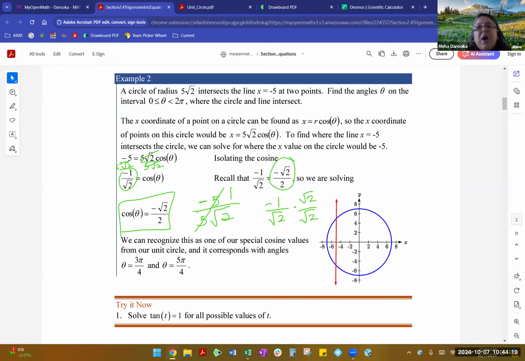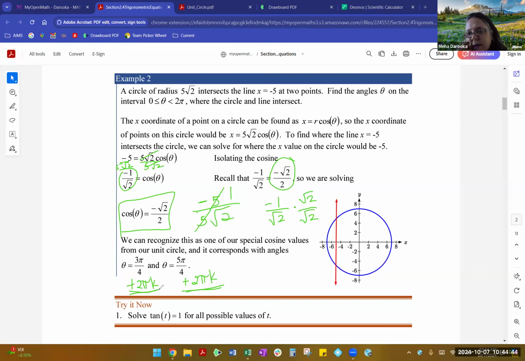Now, can you tell me why we did not do the period option of adding 2 pi times k with both of these angle measurements? So why do we not have 3 pi over 4 plus 2 pi? Because cosine also has a period. Why did we not write these out?